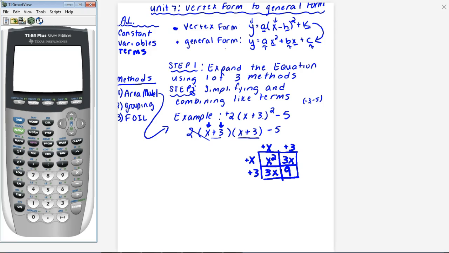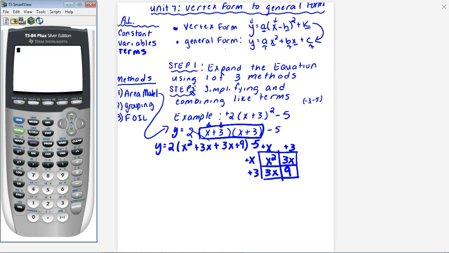We're going to have 2, and instead of all of this, we're going to put one parenthesis, starting with the biggest exponent, so x squared, and we're going to have x squared plus 3x plus 3x plus 9, and minus 5 is still there, okay? And we've expanded it. We've made it really long from where we started in vertex form.